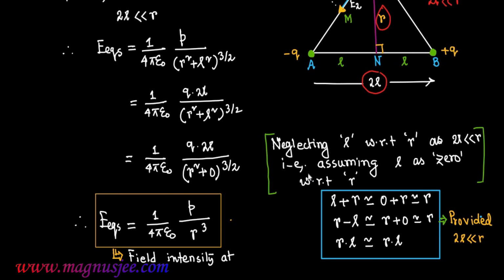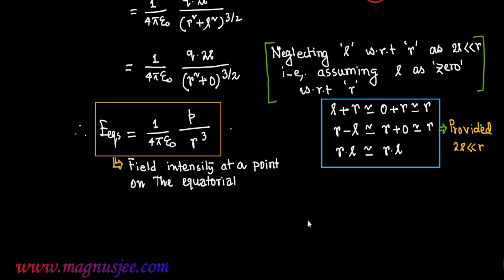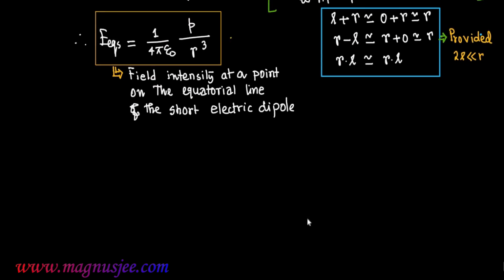E equatorial is the electric field intensity at the point C, at a point on the equatorial line of a short electric dipole. Field intensity at a point on the equatorial line of the short electric dipole. We can draw the diagram again.